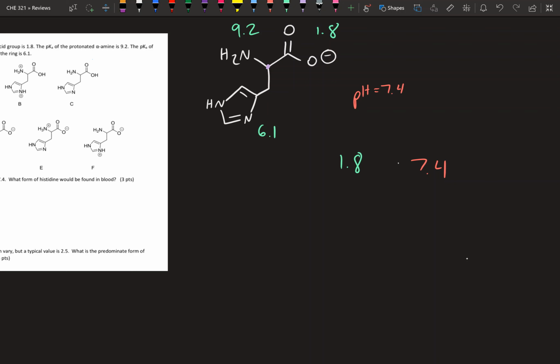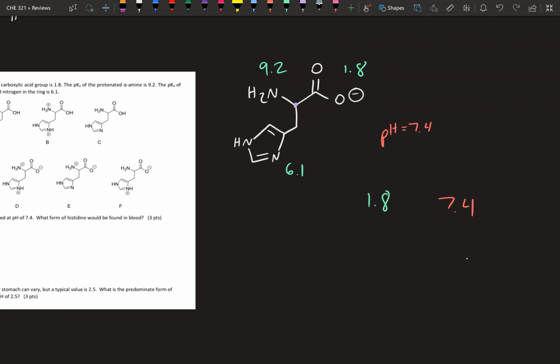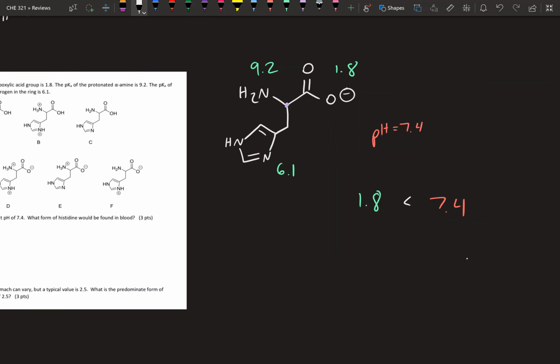I'll do both for all our functional groups here. And so we know that because that 7.4 is greater than 1.8, we're going to deprotonate. And if you like to think about it my way, that 7.4 is a higher pH, so it's more basic than our pKa, and so it's going to rip that proton off. So our carboxylic acid is going to have a negative charge.